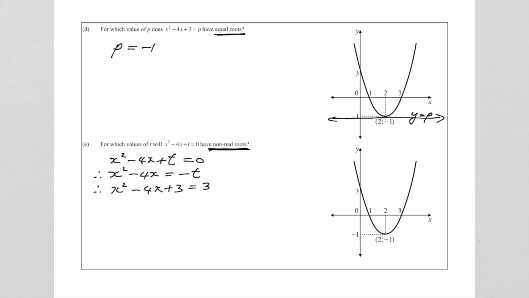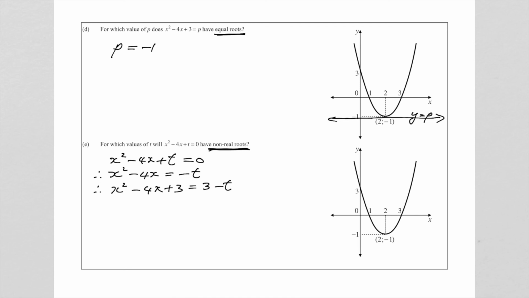And as you can see, we now have the parabola on the left-hand side. So now we changed it to the same form as in number D, the parabola equal to a constant. Only difference is, instead of this being only a p or a k, this is now 3 minus t. But we still do it exactly the same way.